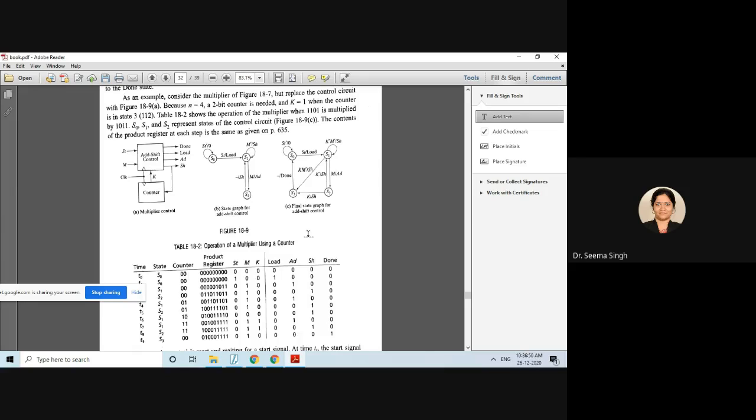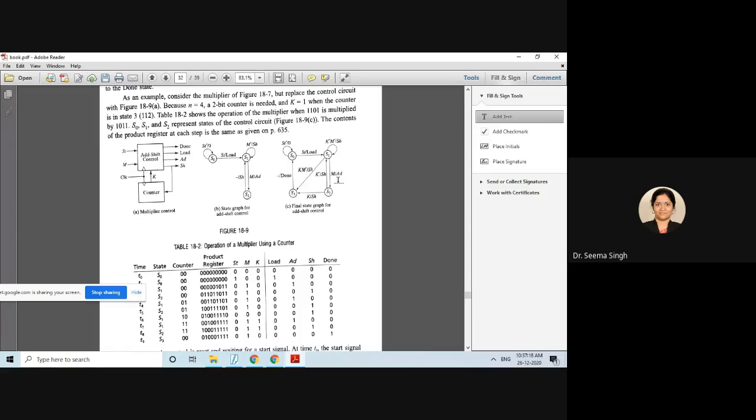The counter will count 1, 2, 3, 4. Once the counter reaches the maximum, then the K bit will become high. So you can see here, the counter is there. When K becomes high, you can see only shifting with M equal to 0 happens here. If M is 1, adding and shifting happens all the time when K is 0. K is the bit counter control.